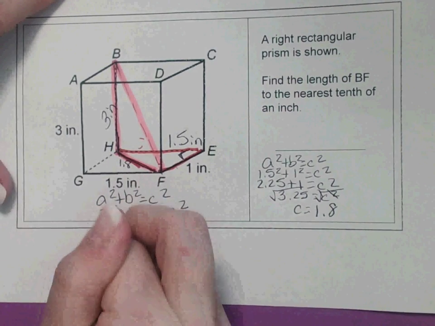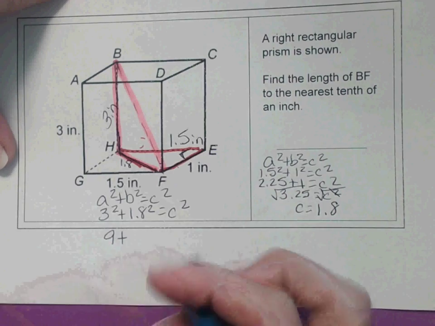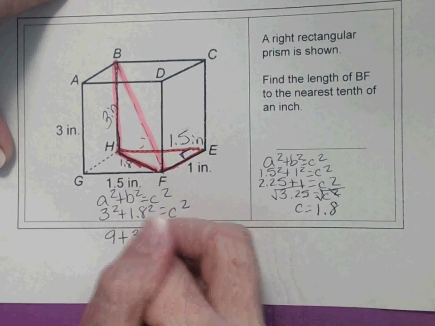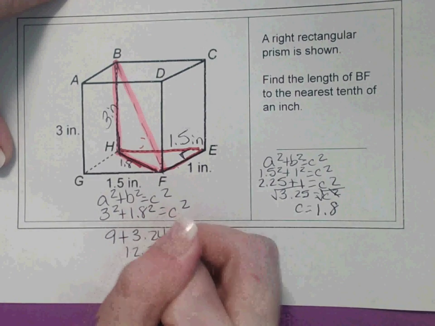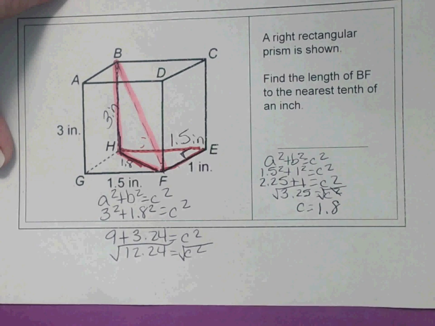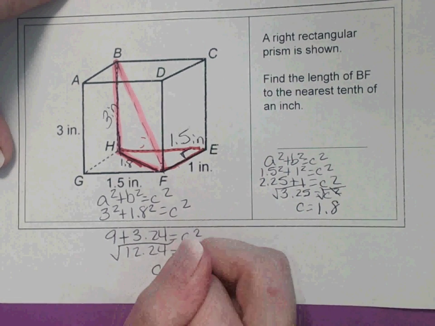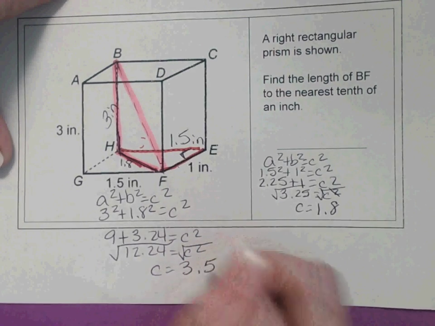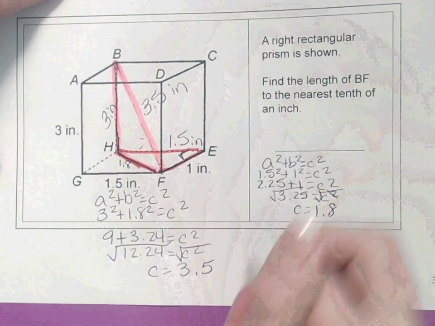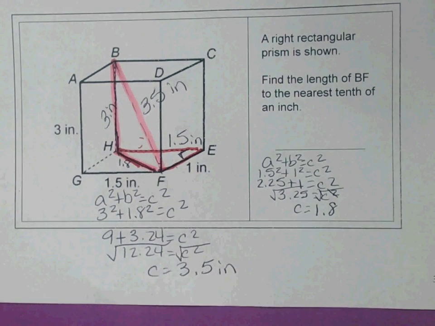So I'm going to go ahead and square them. 9 plus 3.24 equals c squared. So 12.24. Take the square root of both sides, and I do get c equals 3.5. And this is inches, so make sure to add those measurements on there.